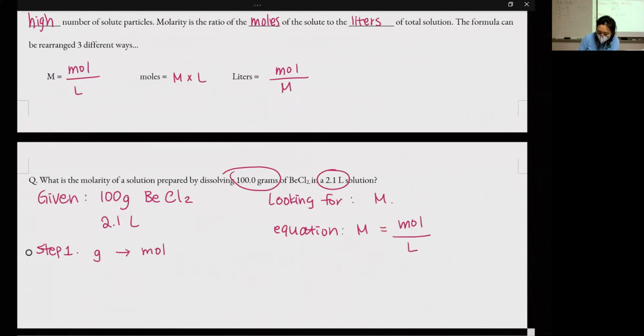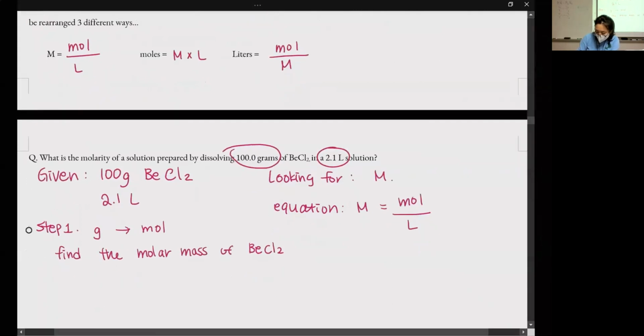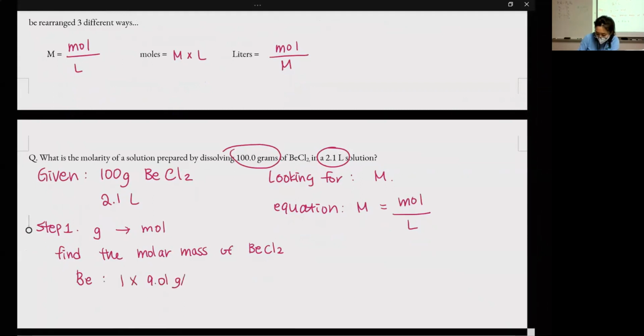So calculate the molar mass of the substance that is being dissolved, which is BeCl2. So it will be beryllium, you have 1, and then you have 9.01 grams per mole.